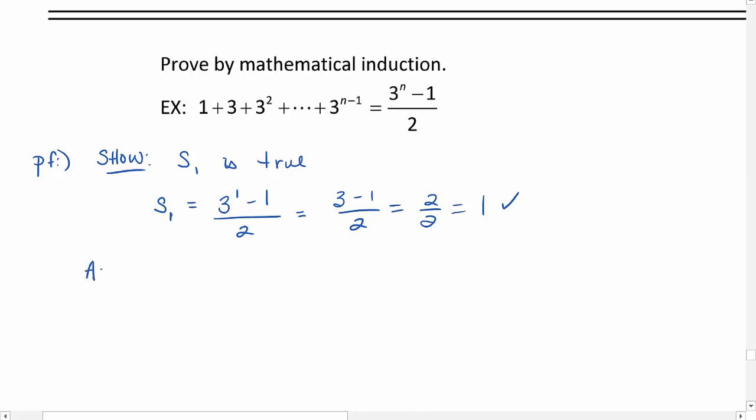Next, we want to assume S sub k is true.